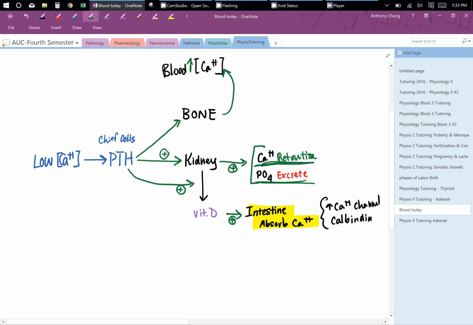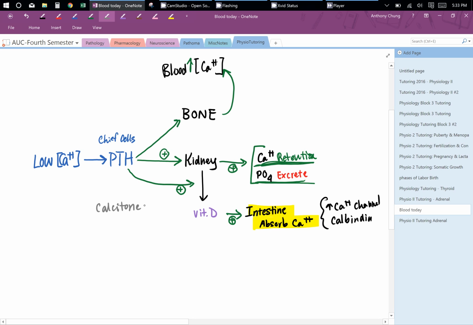You guys talked about calcitonin today, I believe, or Friday. So calcitonin does a lot of the opposite things as PTH, and it seems like it would be really important on paper, but it turns out it doesn't normally play that much of a role.